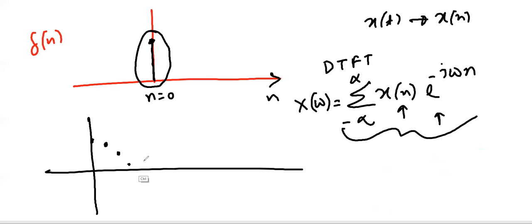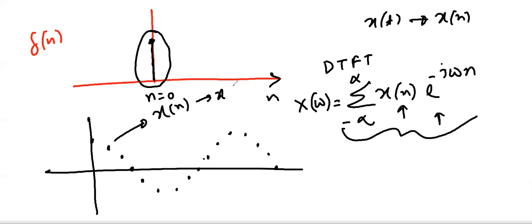in the previous part. Try to understand each and every portion, and if you have any question, please raise your hand and ask me. So what is this? This is our x[n]. Previously it was x(t).